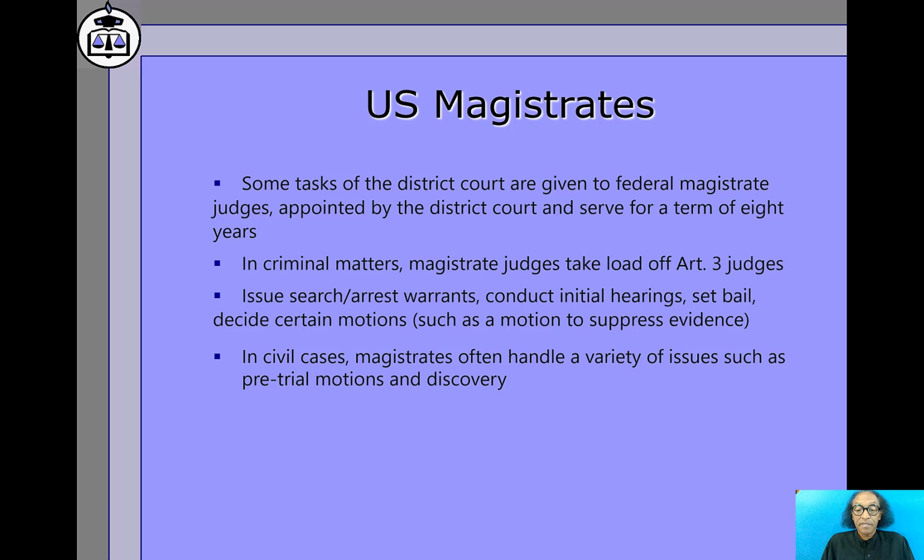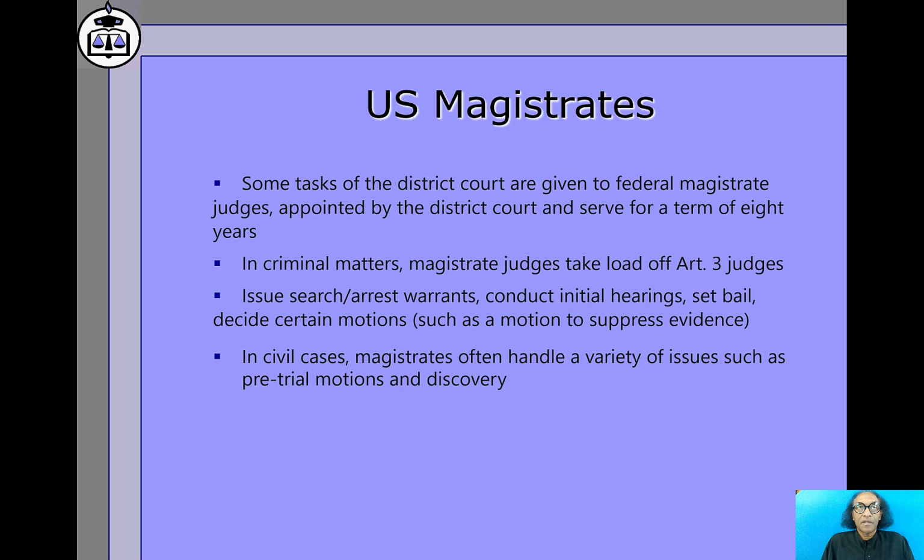In civil cases, magistrates also do a lot of the pretrial stuff, which is mostly pretrial motions and discovery. So in civil cases, a lot of the work is done before you get to trial, which means you have to do discovery, you have to get facts, evidence, information from each other, and so on.